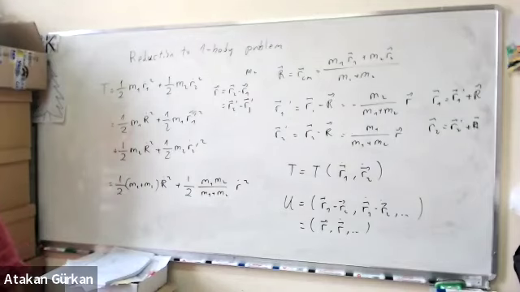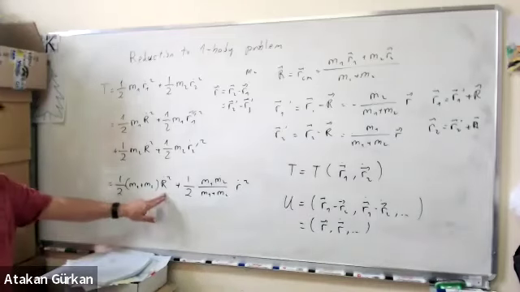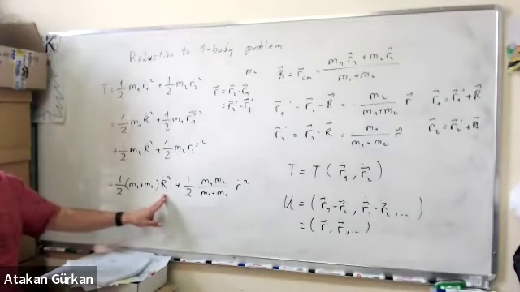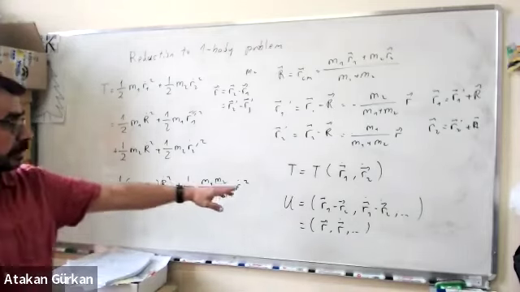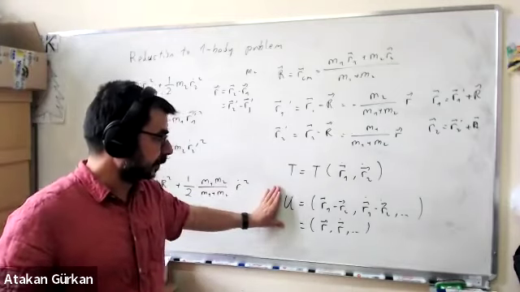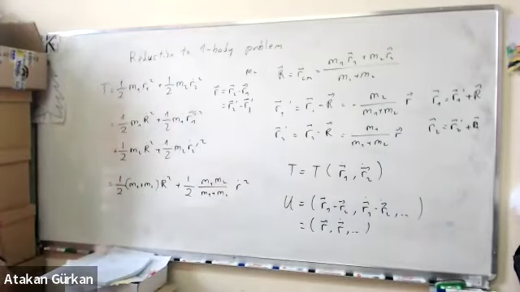That will be the linear momentum of the center of mass. In the absence of external forces, the linear momentum of the center of mass is going to be conserved.